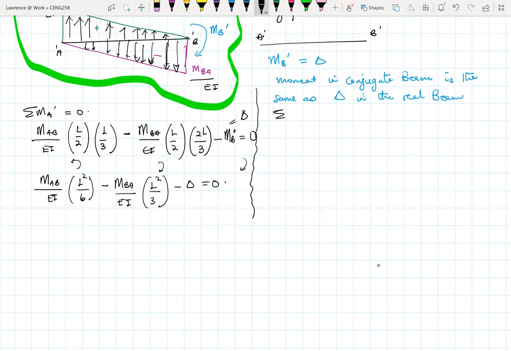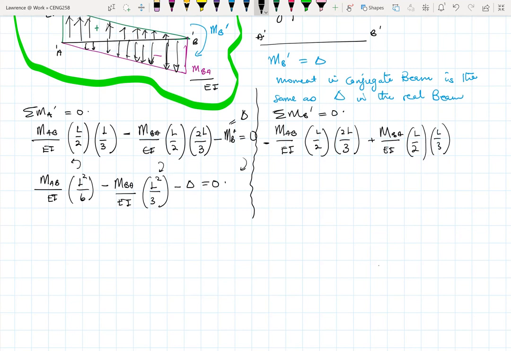So summation of moments at B prime equals 0. And with that in mind, if you do the computation, you end up with MAB over EI times 2L over 3, if I can just put a negative there so that it doesn't change anything, plus MBA over EI times L over 3, minus delta equals 0. So let's see if our angles make sense.